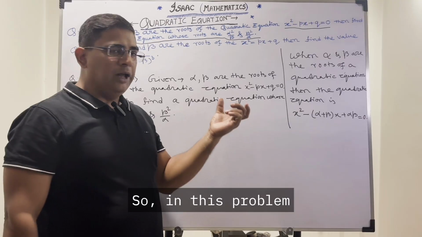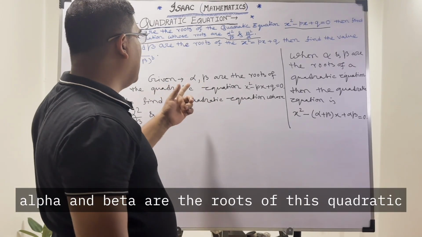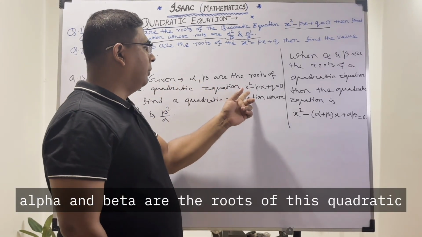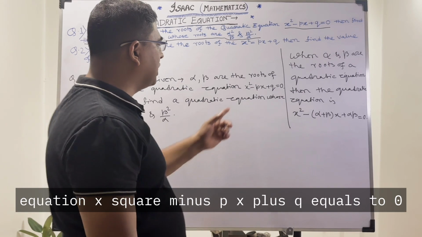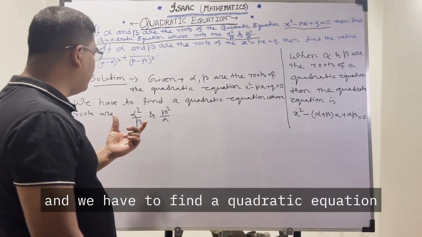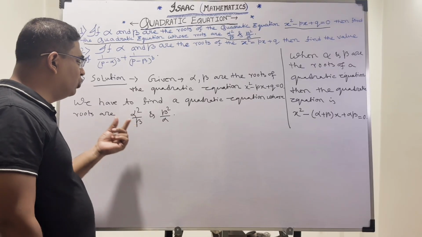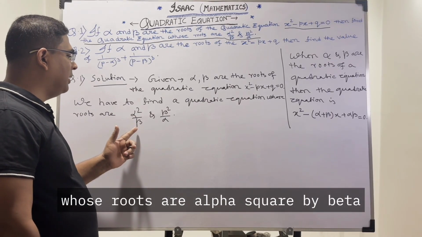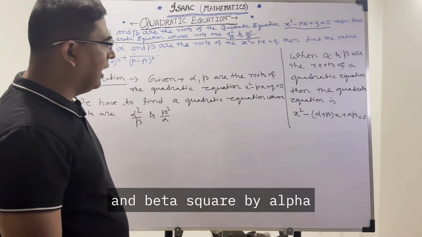So in this problem, alpha and beta are the roots of this quadratic equation x square minus px plus q equals to 0, and we have to find a quadratic equation whose roots are alpha square by beta and beta square by alpha.